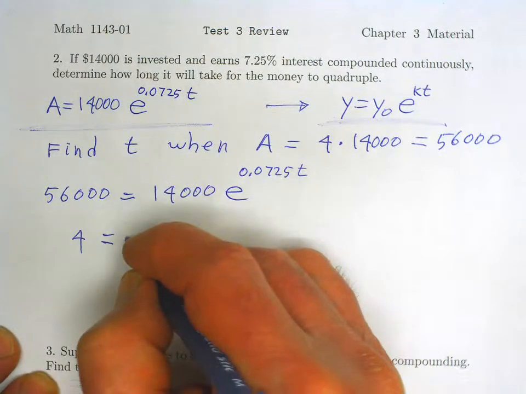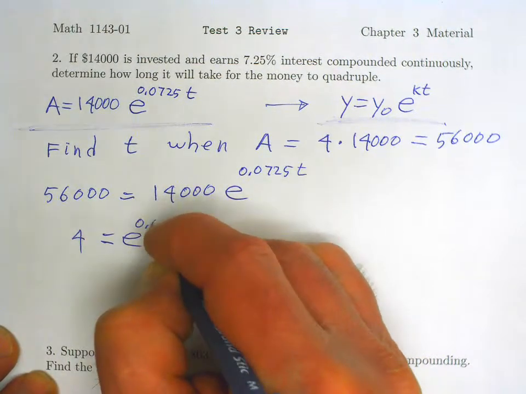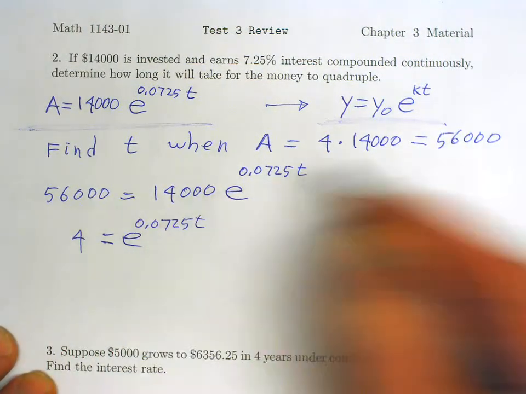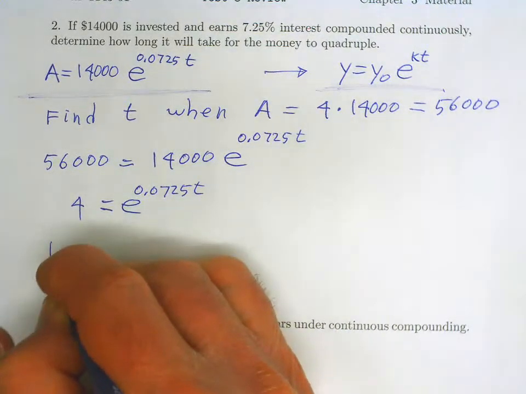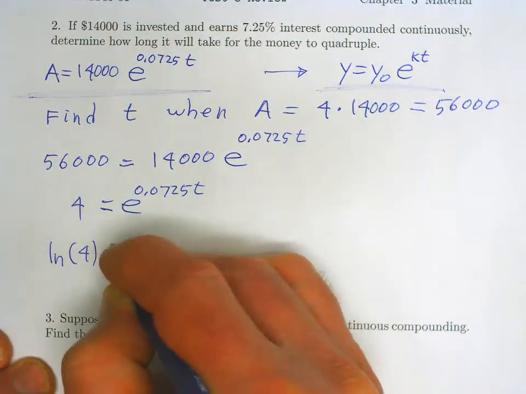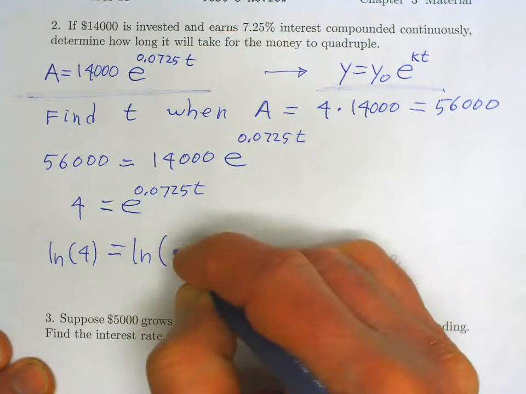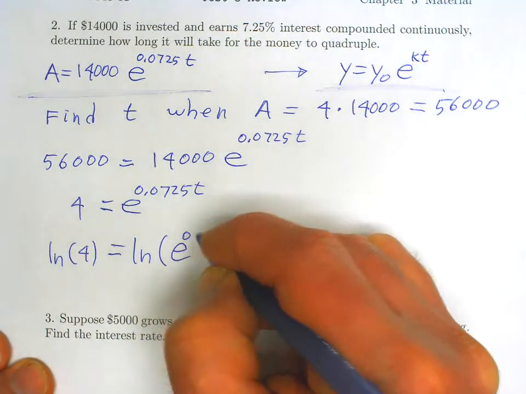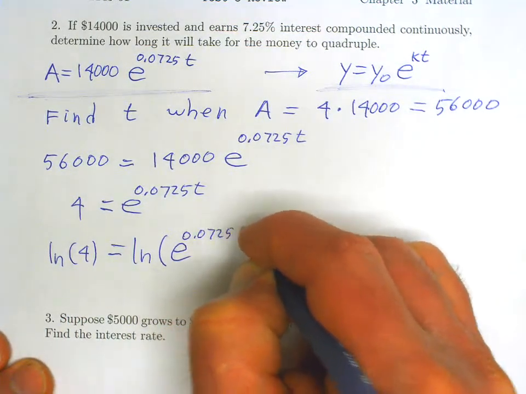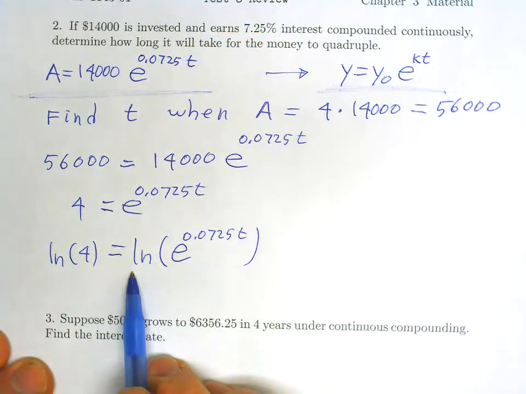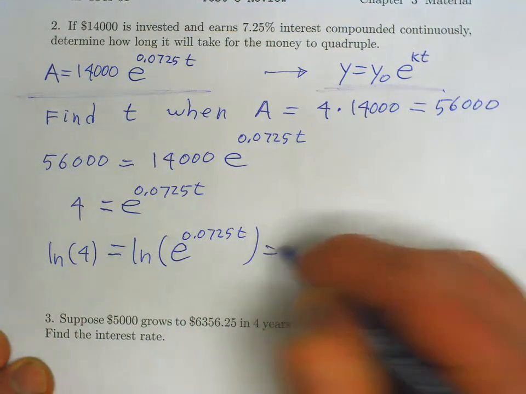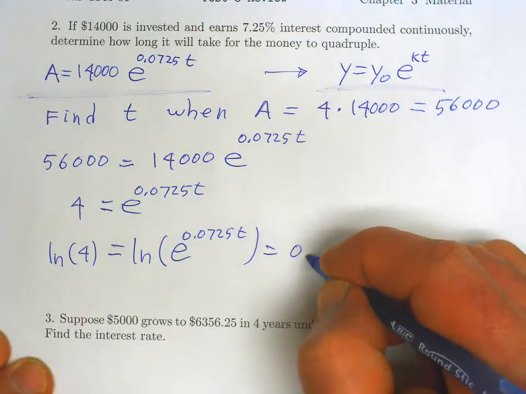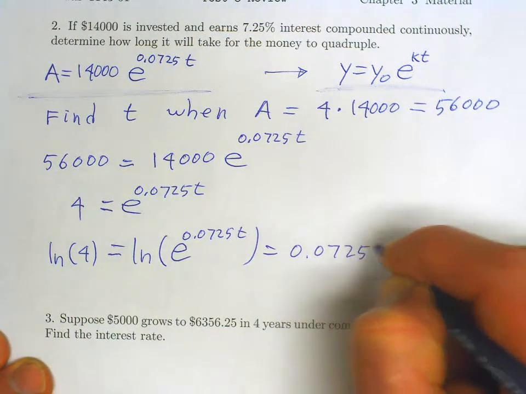That's equal to e to the 0.0725t. And now we take the natural log of both sides. The natural log of 4 equals the natural log of e to the 0.0725t. The natural log of e to the 0.0725t is just the exponent, 0.0725t.